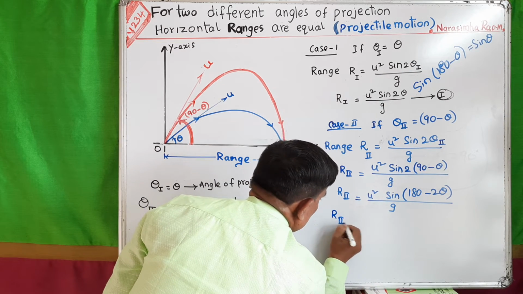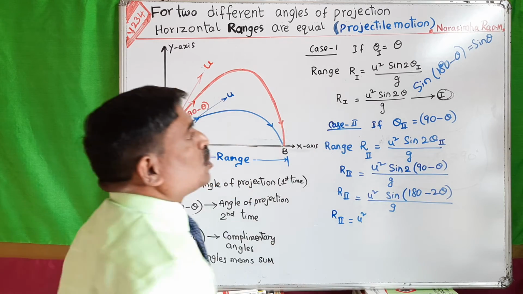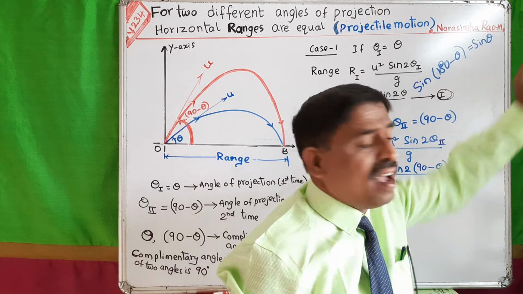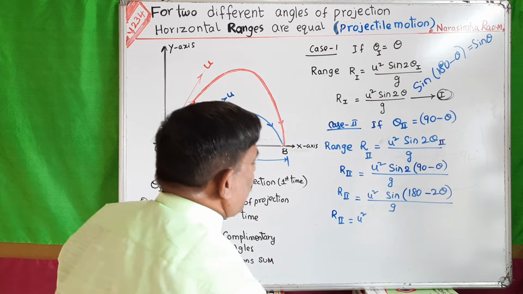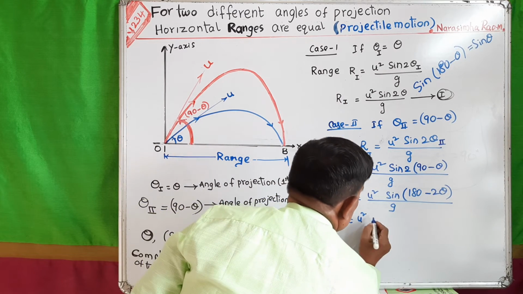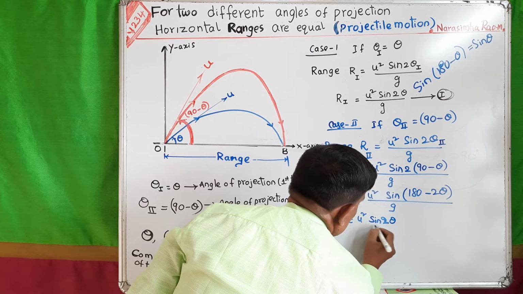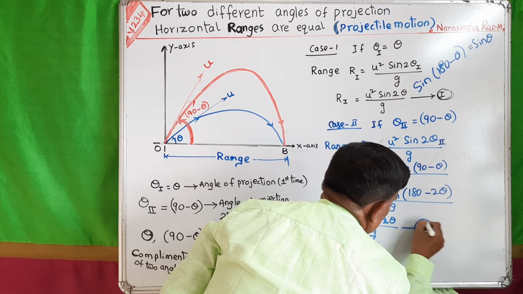So R2 is equal to u square sine 2 theta by g. It is equation number 2.